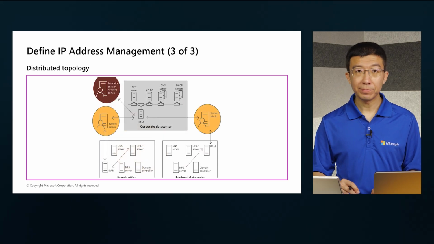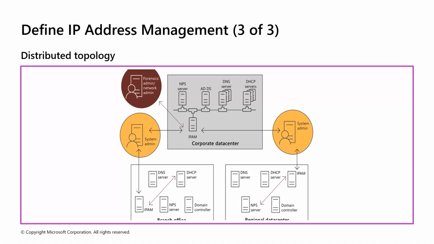In a distributed topology, multiple IPAM servers are deployed, each managing a subset of the network infrastructure. This approach is useful for large organizations with multiple sites or departments that require separate management.